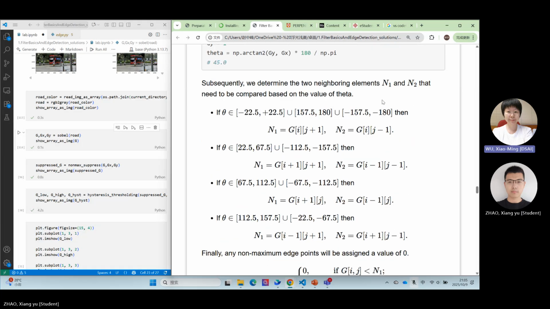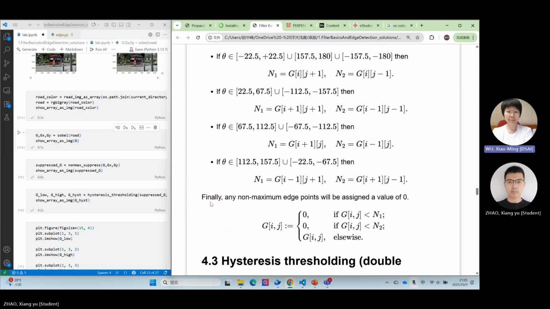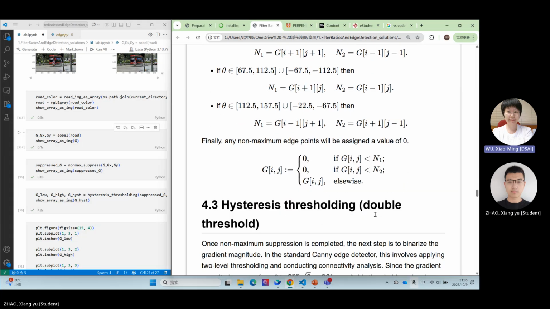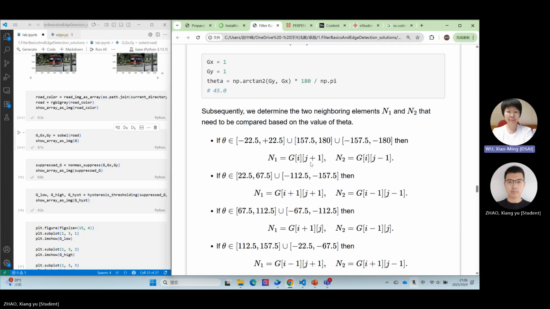After you have found N1 and N2, finally, you can use this formula: any point less than N1 or N2, we will set to be 0. And if J_ij is bigger than N1 and N2, we will keep it.